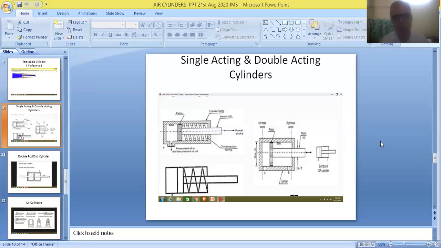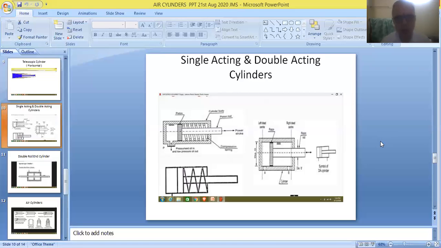In the first case, fluid will be acting only on one side of the cylinder or one side of the piston, that is, only on the left hand side of the piston. Therefore, they are referred to as single acting cylinders.